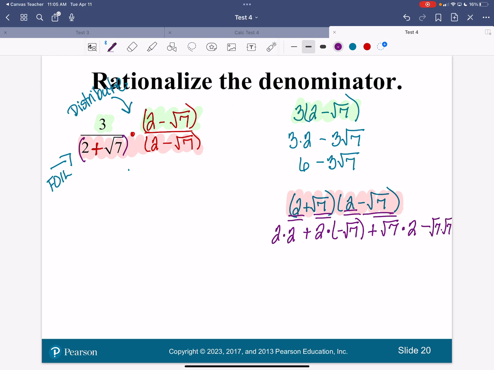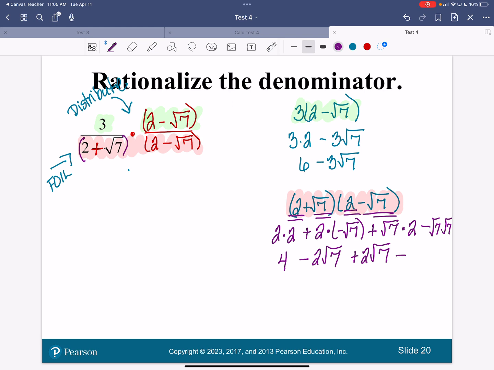Okay. So we know that 2 times 2 is 4. This right here, what does that simplify to? Good. And we read that negative 2 on the square root of 7. What about right here? Positive 2 on the square root of 7. And we want that because what's going to happen between those two terms? Yeah, we're going to be able to cancel those.